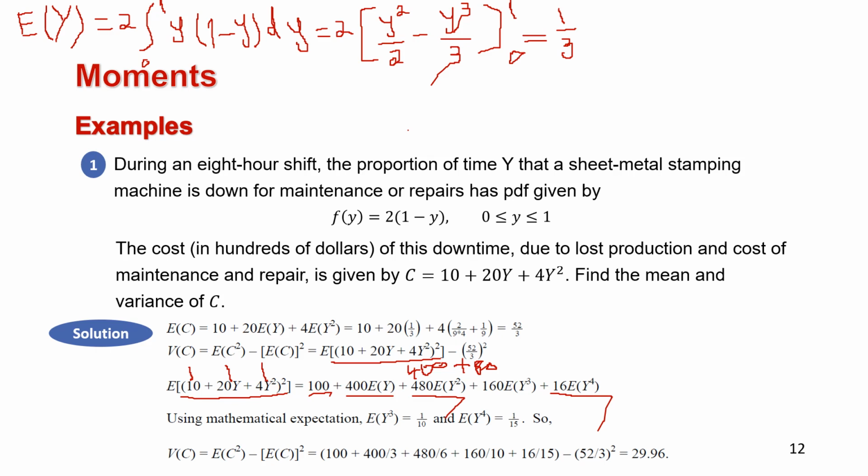And then if we multiply 20y times 4y square times 2, then I will have 160y cubed.